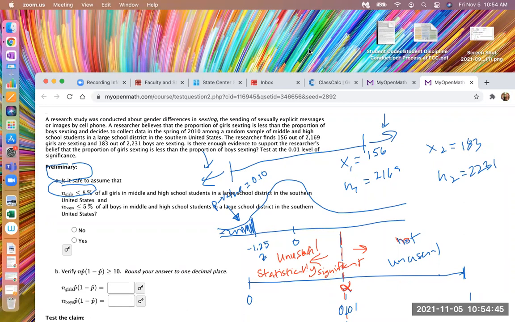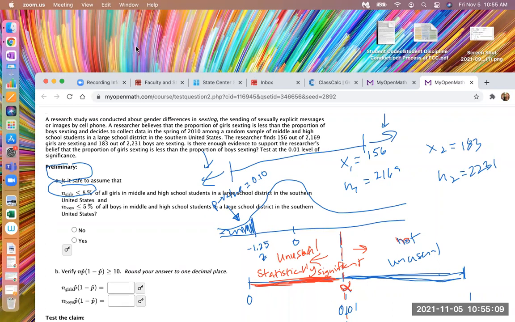In this red region, sometimes called the critical region, we reject the null hypothesis. If the p-value is equal to alpha or larger than alpha, we say we failed to reject the null hypothesis, okay?